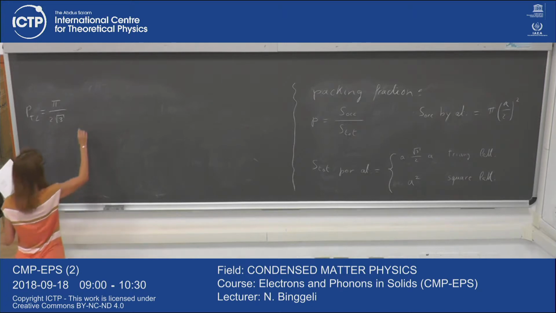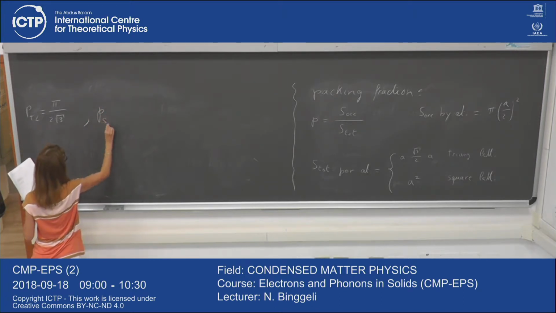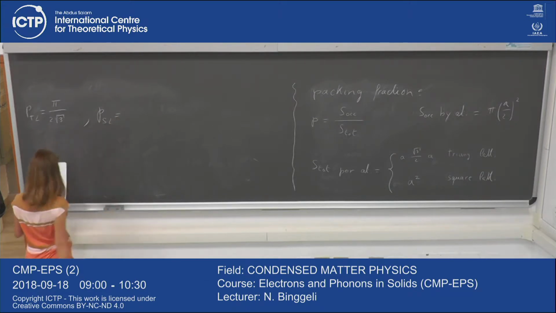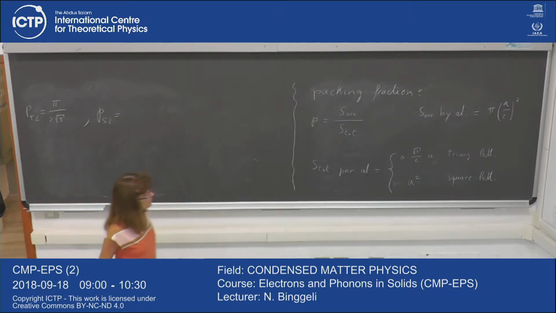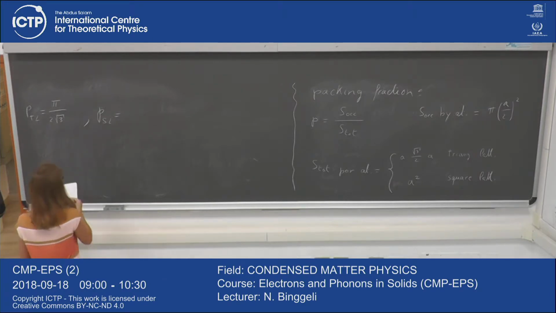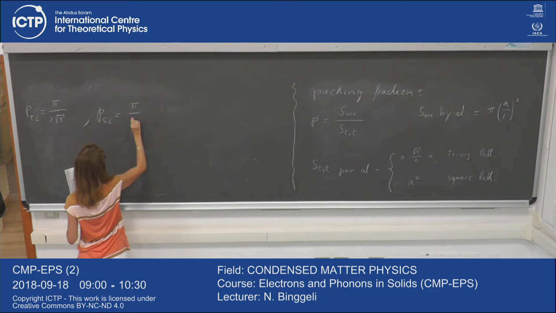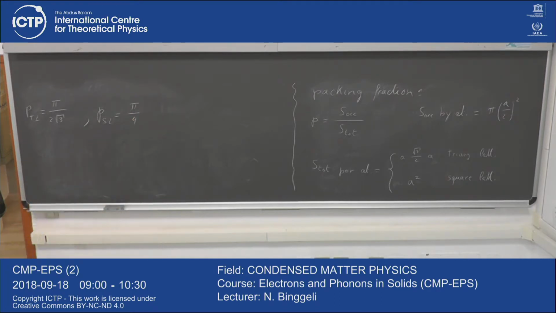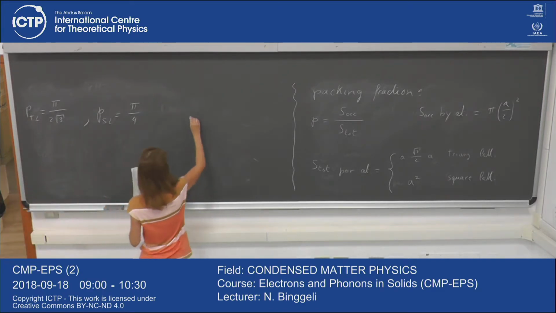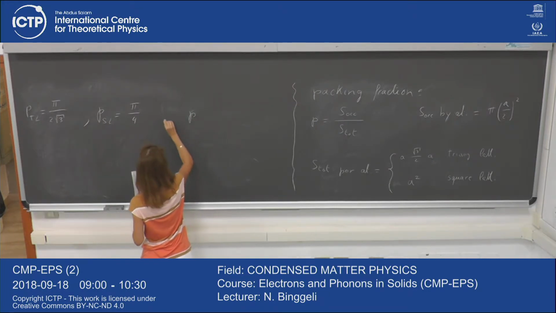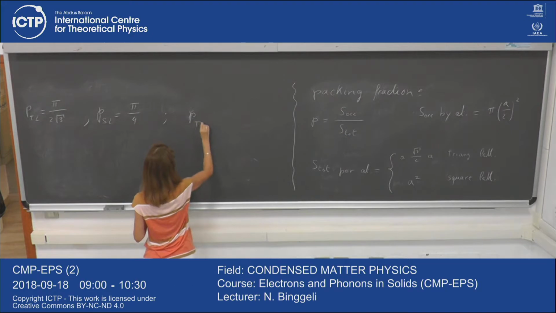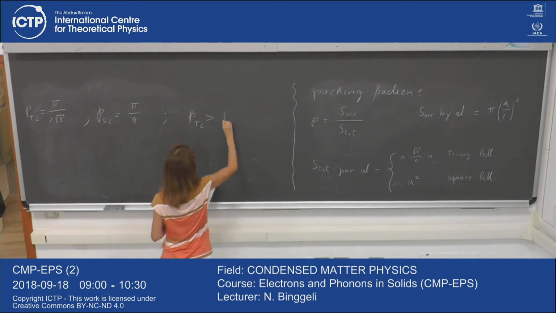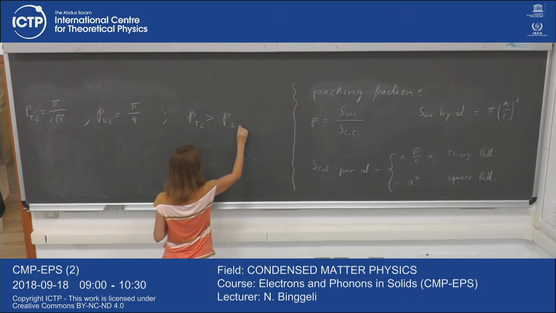And for the square lattice, it's the same thing divided by A squared, which is just pi over 4. So from here, one sees that this is larger than this. That is, the packing of the triangular lattice is larger than the packing of the square lattice.